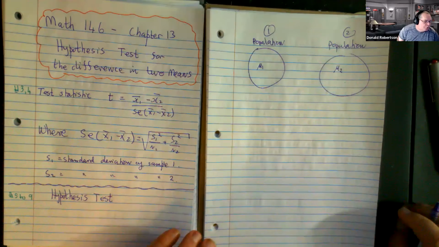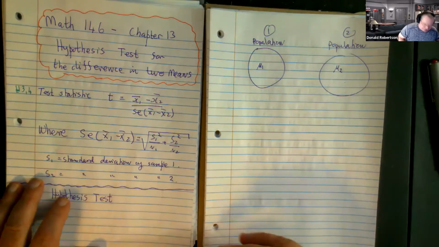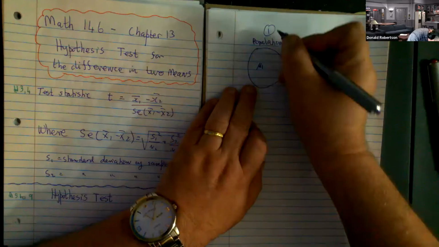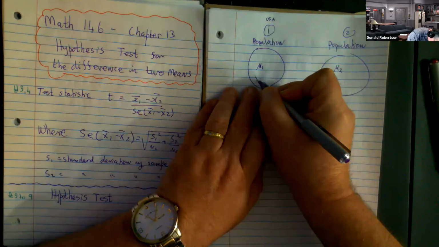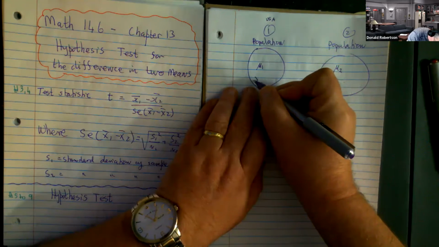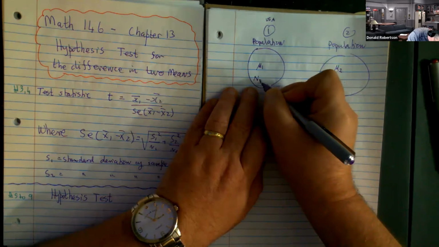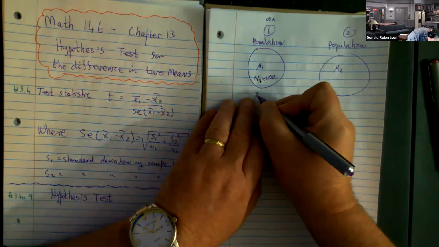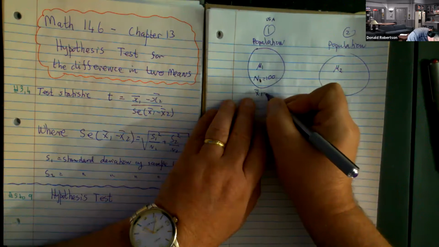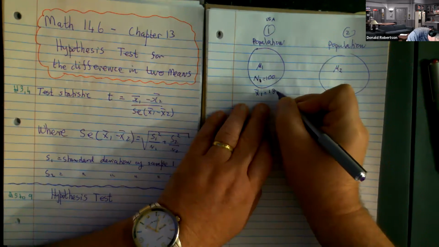And let's do weights. So population 1 is going to be America, and we got a sample of 100 Americans, and the mean weight was 180 pounds.